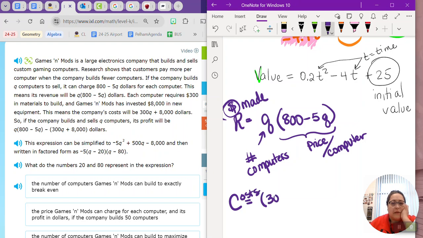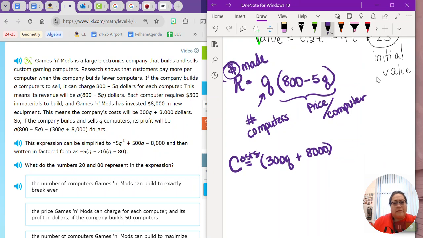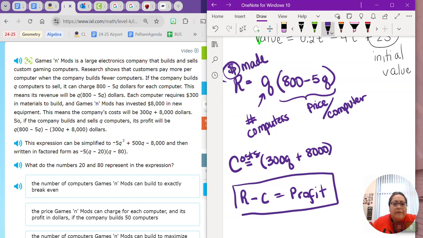The good thing about these problems is that they're actually giving you the expressions and they're not expecting you to write them. The focus here is you interpreting what the expressions mean. So this has to do with profit, right? Revenue minus the cost equals the profit. How much money you made minus how much money you spent will give you the profit. So it's this concept. It's like doing all the work for us, right?